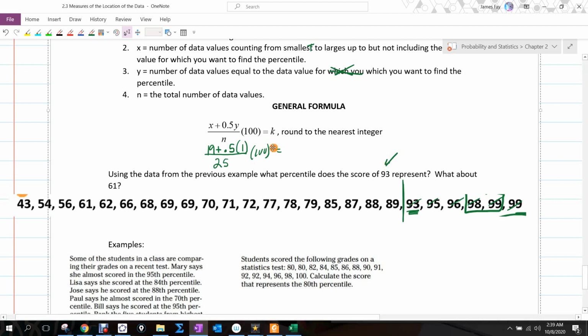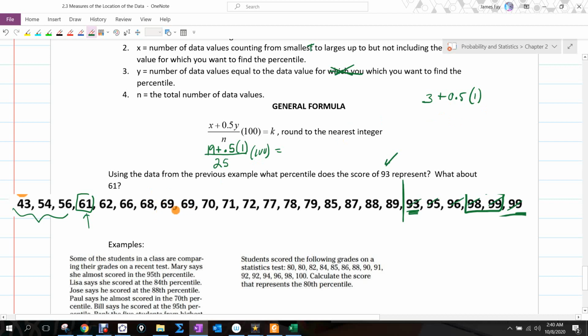If we do 61, so 61 is right here. X, remember, is the number of data values counting from smallest to largest, up to but not including 61. So 3 plus 0.5. Now y is the number of data values that are the same as 61. So there's only one of those.